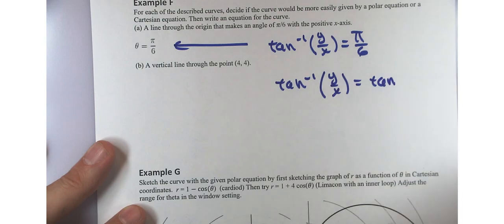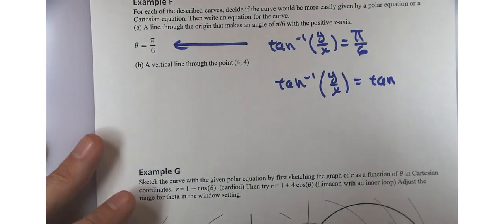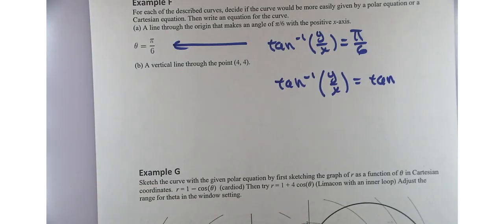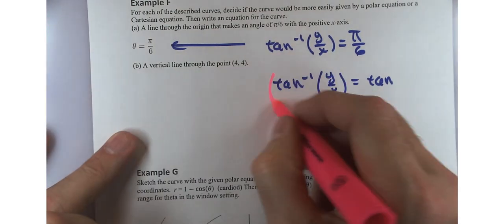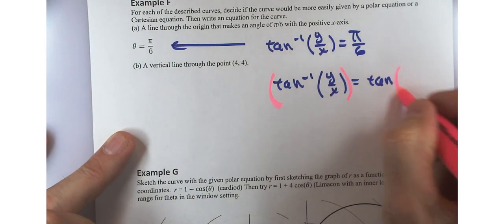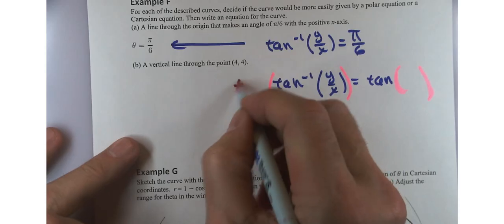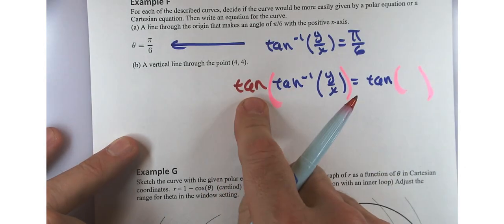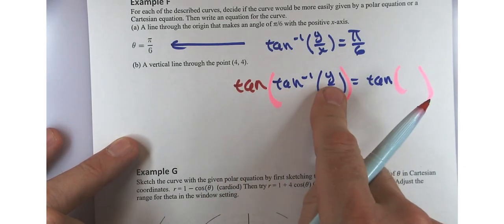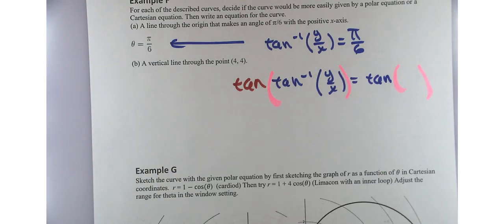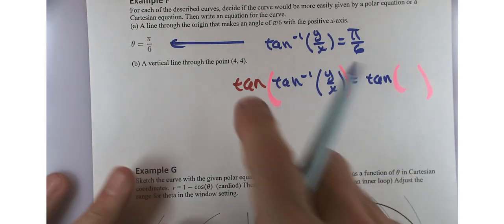I want to take the tangent on both sides. So I'm going to take the tangent of the tangent inverse of y over x, and that's going to equal the tangent of pi over 6. I meant to write that in the same color, my bad.